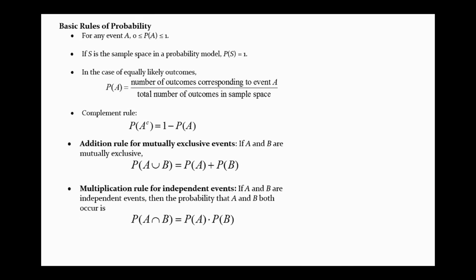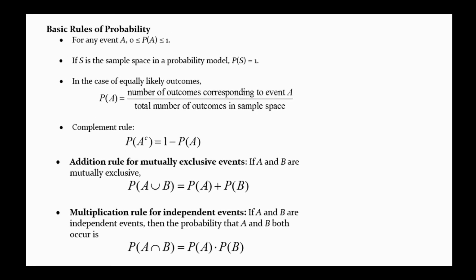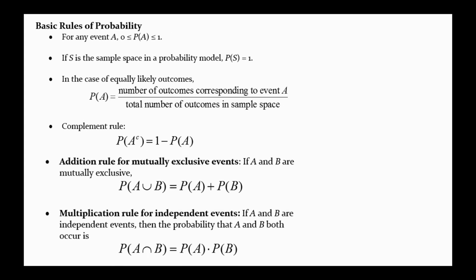Okay, so here we go. These are the rules of probability. This is where we're going to be for this chapter. A lot of these seem a lot more complicated than they really are. The first one says for any event, like event A, the probability of it happening is from 0 to 1.